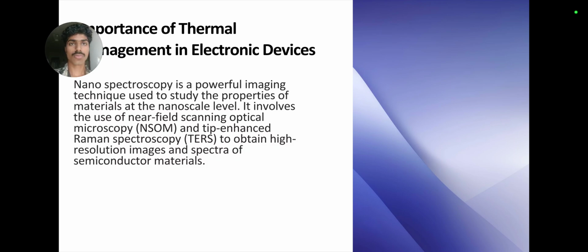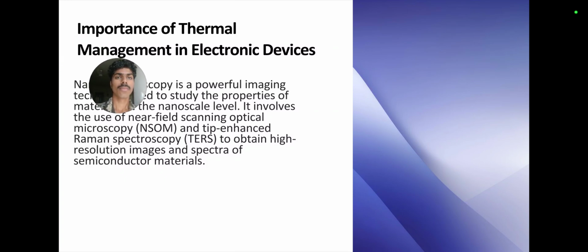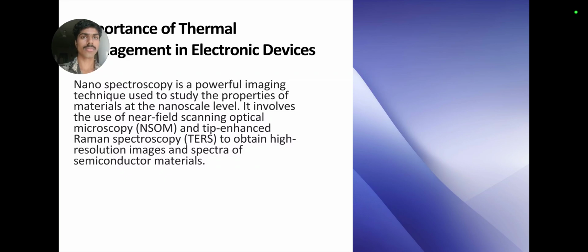It involves the use of near field scanning optical microscopy, NSOM, and tip enhanced Raman spectroscopy, TERS, to obtain high resolution images and spectra of semiconductor materials. So this was the importance of thermal management in electronic devices. Now let's go into another slide.